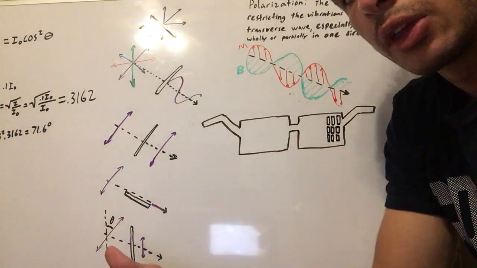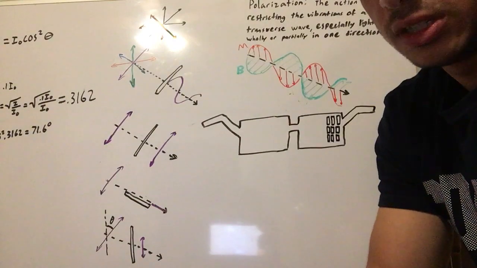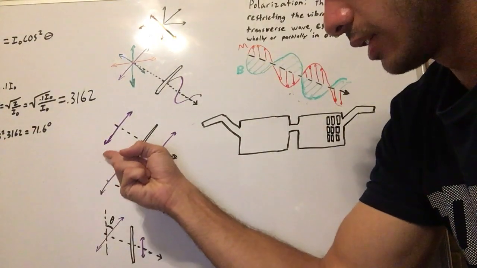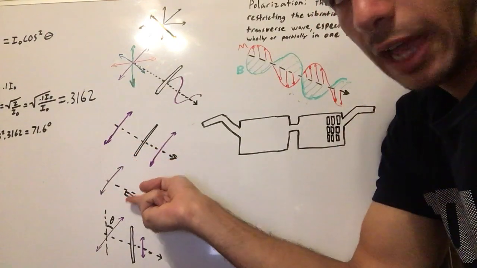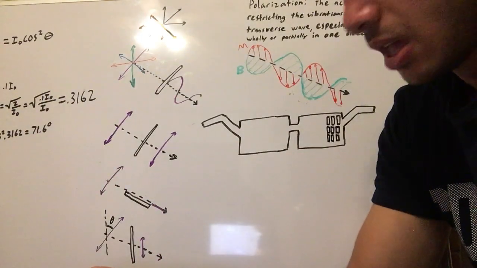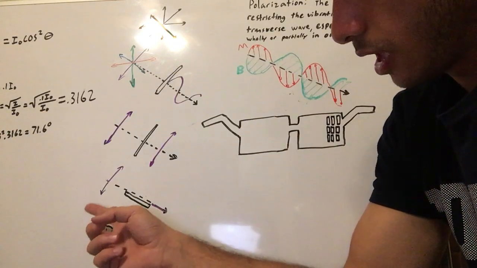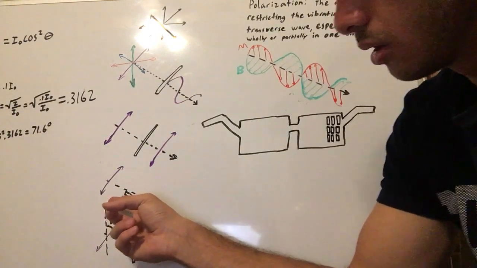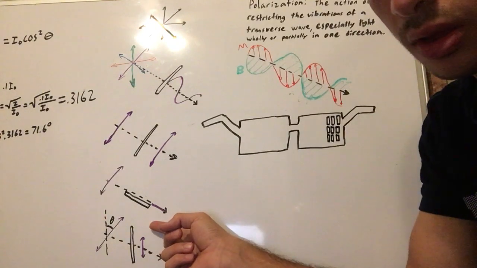We can bring it through another filter, and that's where we can start to do some really fun stuff and get creative. If I put this light through a filter of the same direction, nothing happens. It could go through a million filters of the same direction and it's going to be exactly the same, because nothing's stopping it. If I put this light through a filter that is perpendicular to the first one, then nothing is left over.